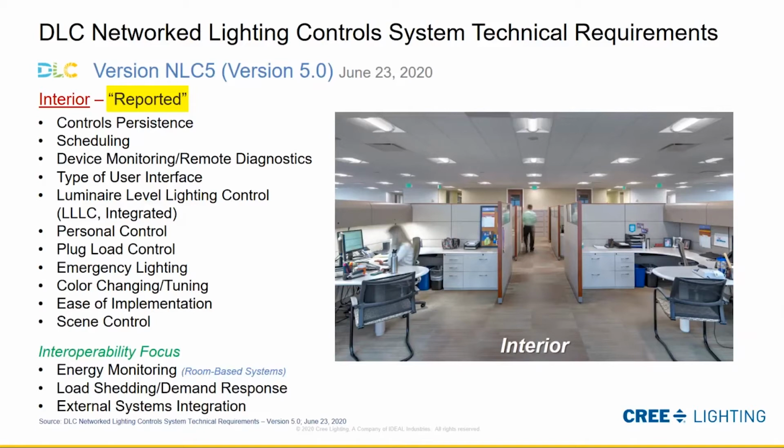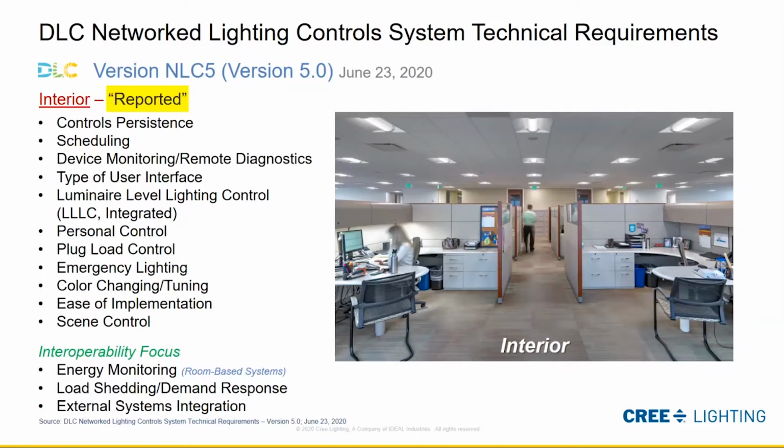And then luminaire level lighting controls, or LLCs. That's SmartCast is, those luminaires have sensors embedded in them. So that's luminaire level lighting control. And what that does is it provides a sensor at every light point, and therefore provides a lot more flexibility and some different features that can be done. So they want to know if that's available for your system or not.